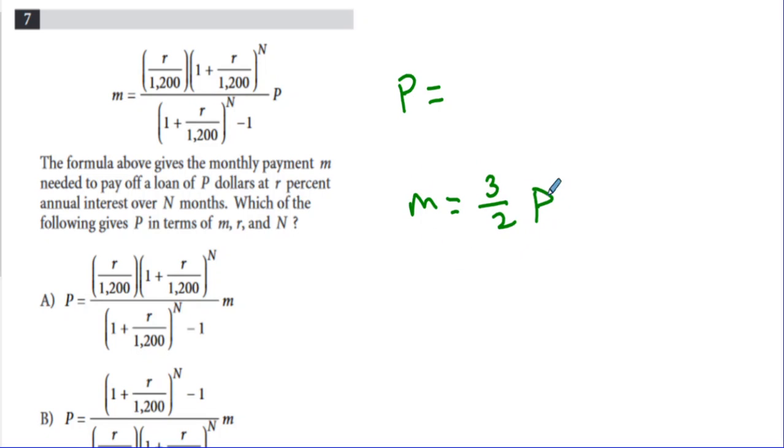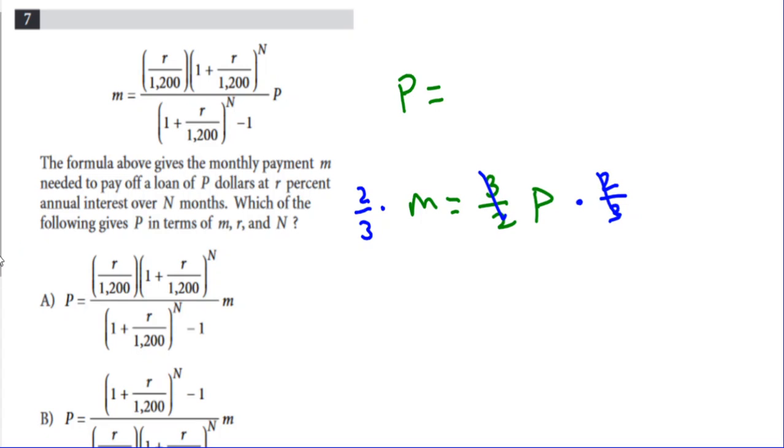If I wanted to solve this for P, I'm going to multiply by its reciprocal, and on this side I would multiply by its reciprocal. This would cancel. Now it's solved for P, and what happens is I just get the flipped-over version. Instead of 3 over 2, solved for P, on the other side it's 2 over 3.